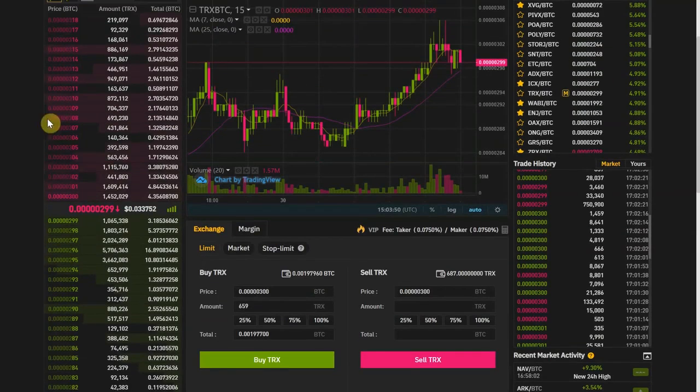Cool thing about this, let's say you wanted to buy. The thing with the order book is you see all these orders before, so 4 BTC worth of TRX. If you place an order to buy here at 292, you will have to wait for all these guys to have their orders cleared.